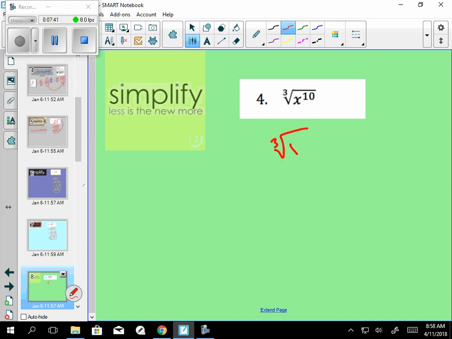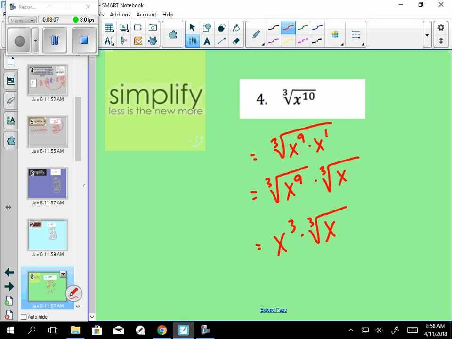We can say x to the 9th power. That would simplify. And so if we took 9 x's out of the 10, we still got 1 left. So splitting this into separate ones, we'd have the cubed root of x to the 9th and the cubed root of x. The one on the left again simplifies. That would be x to the 3rd power. And then what's left is 1 cubed root of x. So that would be the simplified version.